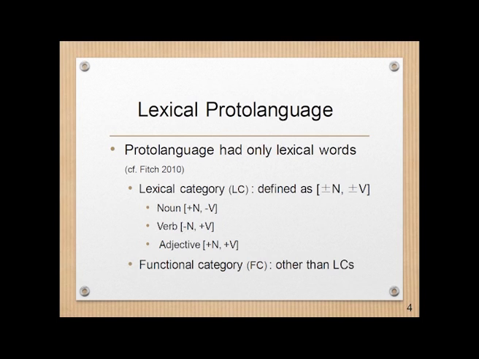So lexical categories contain nouns, which are defined as plus N and minus V, verbs defined as minus N and plus V, and adjectives or adverbs defined as plus N and plus V. Whether adpositions, which are defined as minus N minus V, are also included in lexical categories is controversial. But here I exclude adpositions from lexical categories. And the functional categories are defined as categories other than lexical categories.